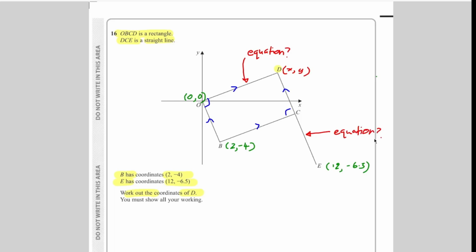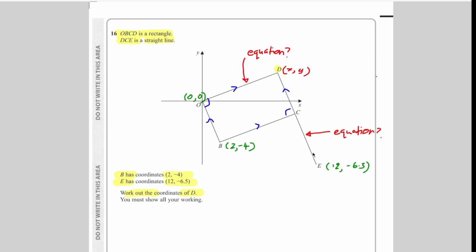Then once you solve those two equations simultaneously, we are getting the answers, because the equation you are getting is in terms of x and y. This is a straight line, y equals mx plus c, the format. Then you are getting two equations in terms of x and y.